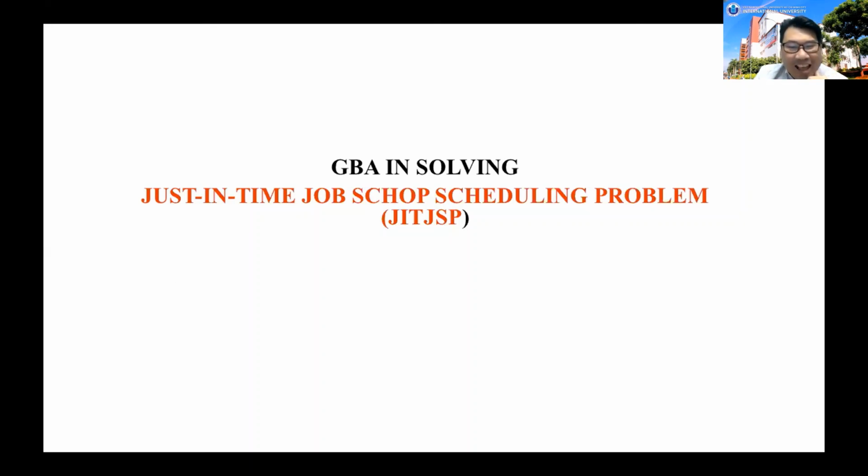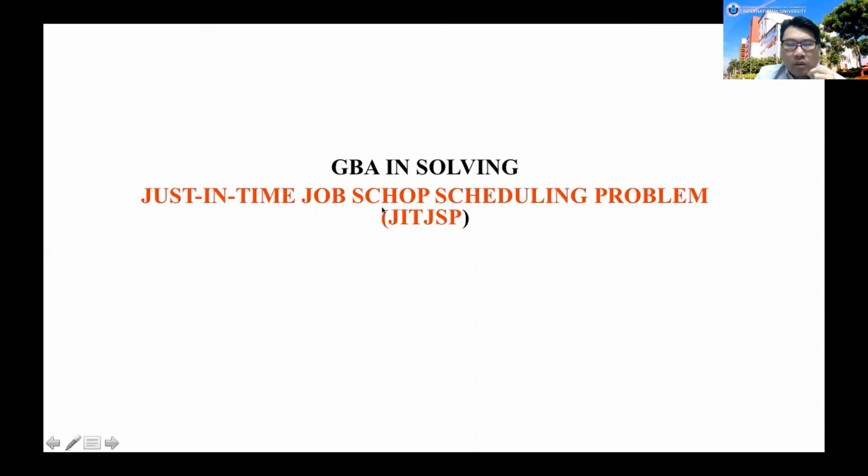Thank you so much. Okay, so this is a recent work. So in manufacturing, there is another concept we call lean production, and just in time is an important idea in lean production.